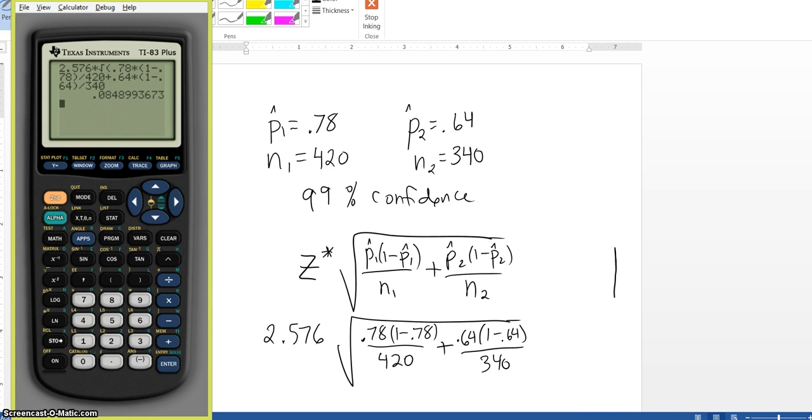So this is going to give me my margin of error, which is 0.0848. I'm going to round that to 0.085.